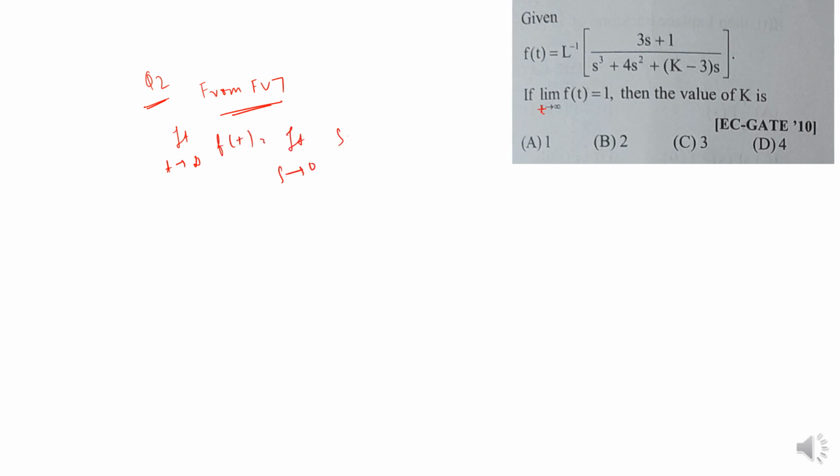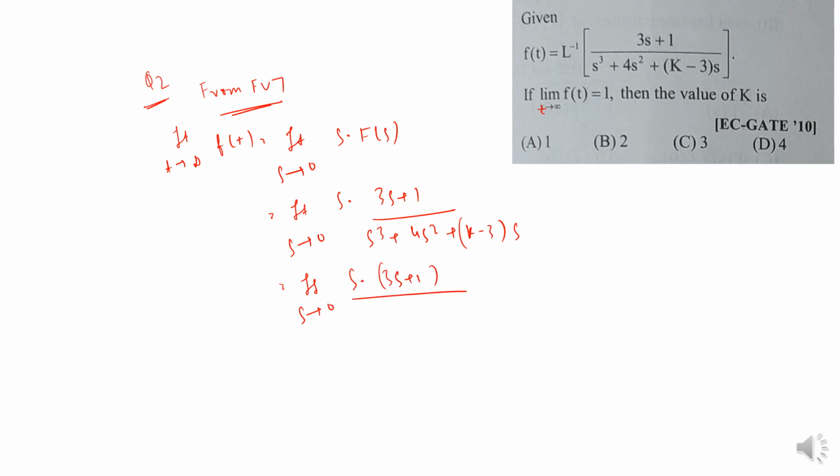So limit s tends to 0 of s into F of s. What is F of s? (3s plus 1) by (s cube plus 4s square plus (k minus 3) into s). So limit s tends to 0 of s into (3s plus 1) by, if we take s common, (s square plus 4s plus k minus 3).